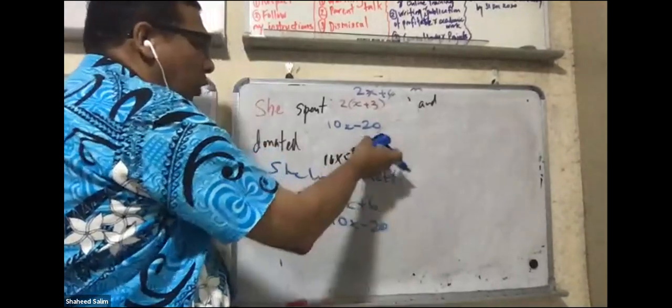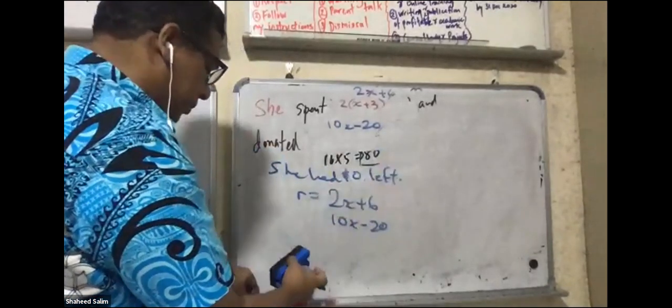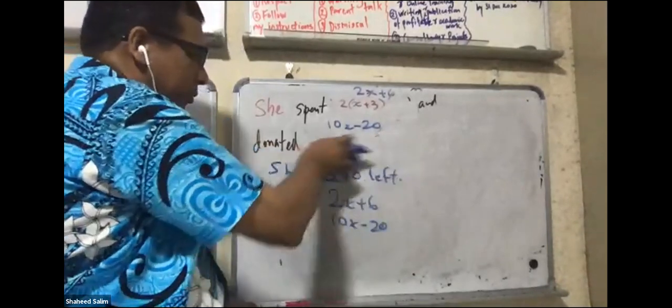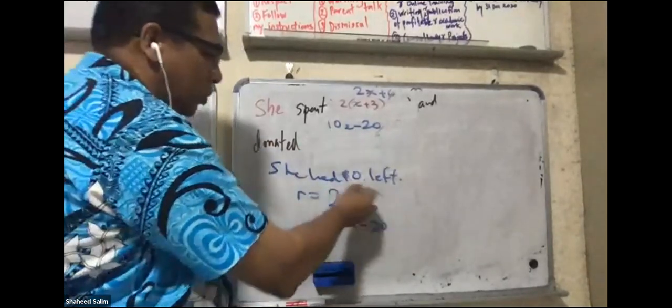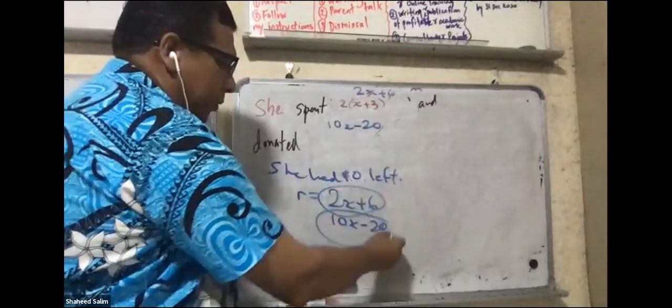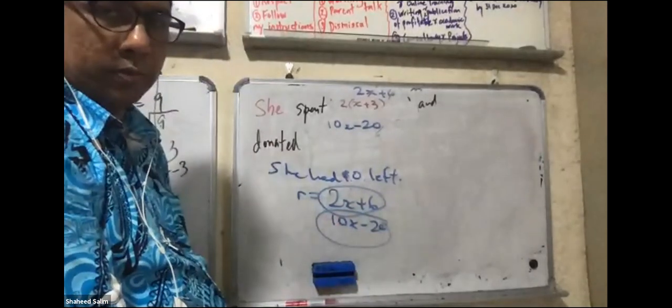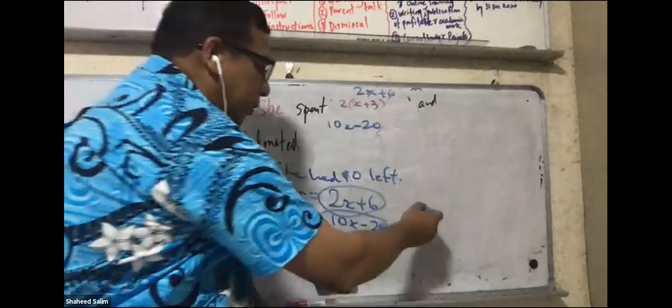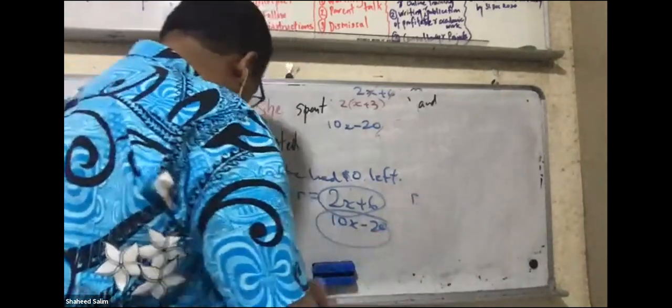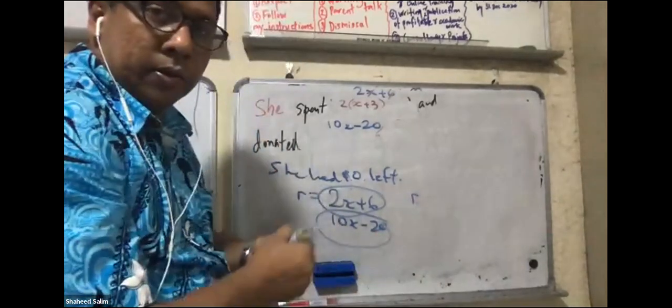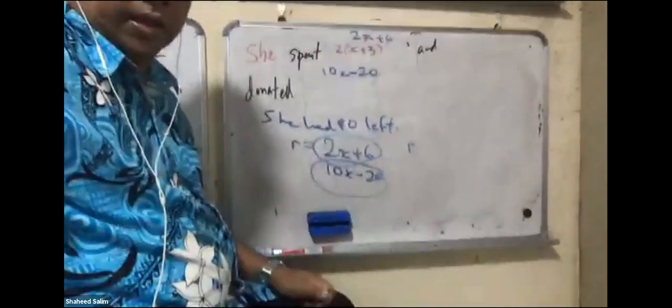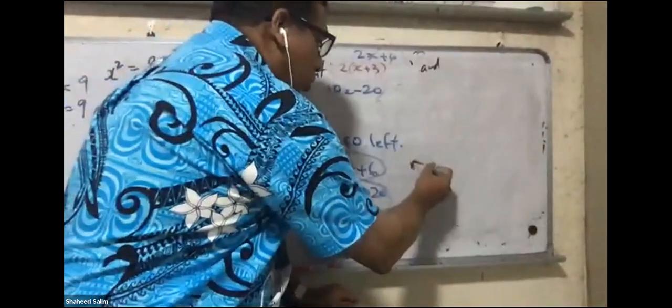You want to find the total amount of money she had. Just add them all up. Add this one to this one. So you write down here R. Hold on. You can see, R equals to what?